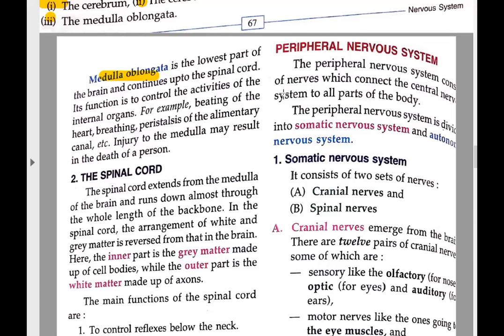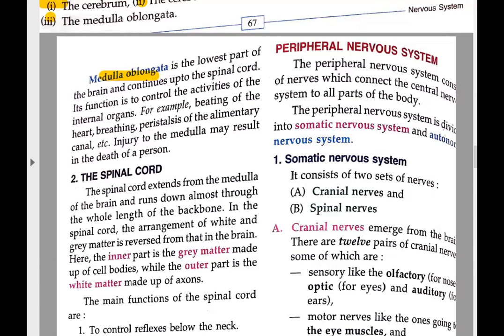It consists of nerves which connect the central nervous system to all parts of the body. Our brain and spinal cord should be connected to all body parts, right? So how do we have that connection? That connection is through a network of nerves.